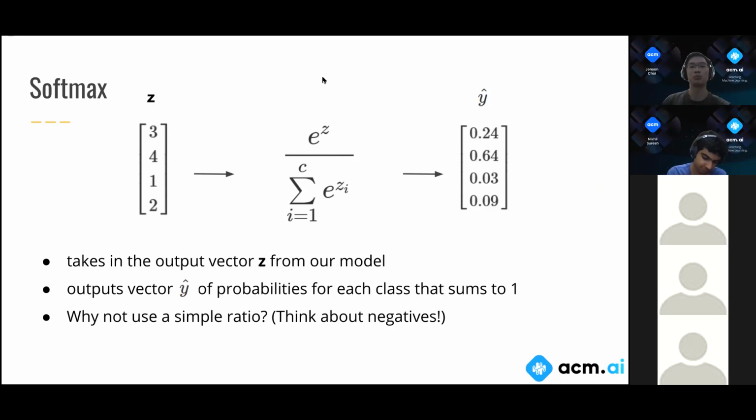Sigmoid will work, but it levels off at 1. So if you have 1,000 and 1,000,000, it's going to be really close to 1, and there's not really any difference. Whereas with softmax, e to 1,000 versus e to 1,000,000 is a big difference.